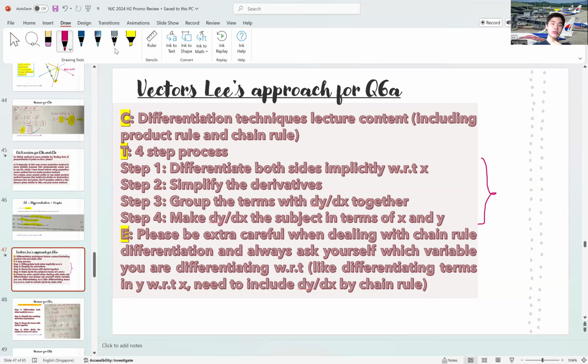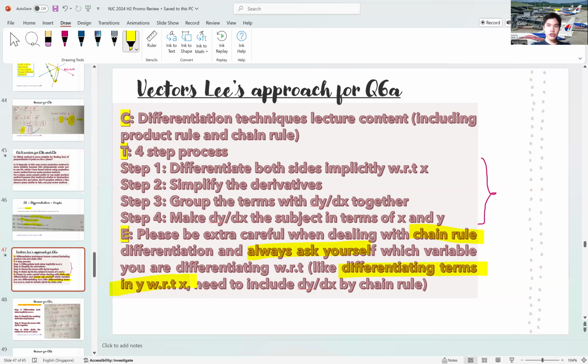Because here you're dealing with implicit differentiation, y is involved. So when you differentiate y with respect to x, it's going to be dy/dx. Please remember that we are dealing with functions of y, so the chain rule is going to get involved, right? You have to always remind yourself that you are differentiating with respect to x.